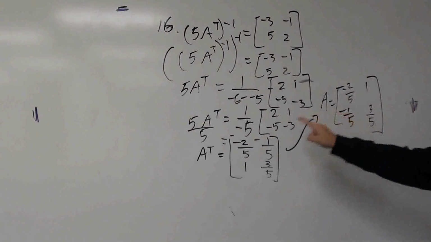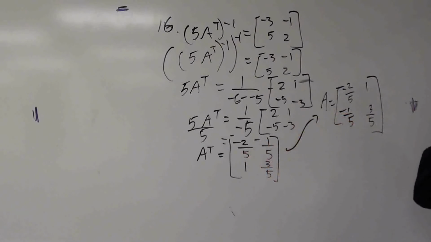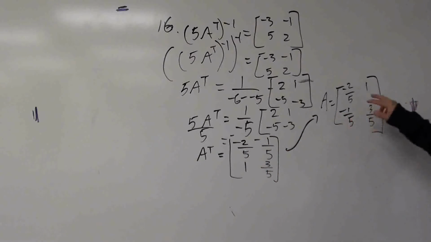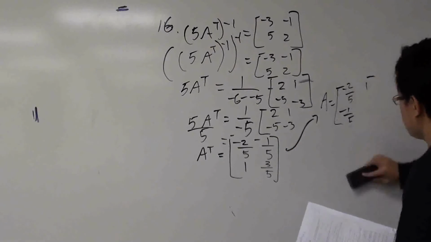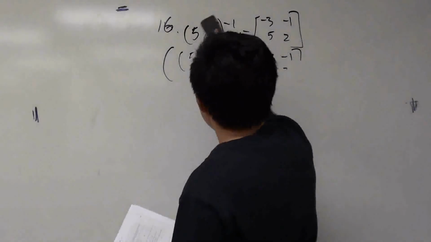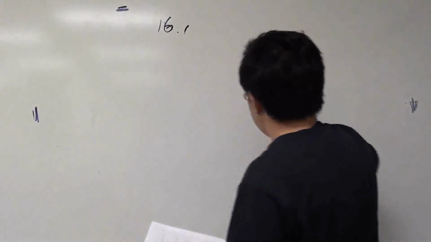It's true, because every time you do transposition, the off-diagonal entries get reversed. So that will be the answer. Similar idea as 15, it just looks a little more intimidating because it has transposes and your inverse will look bigger, but again, it's the same thing.